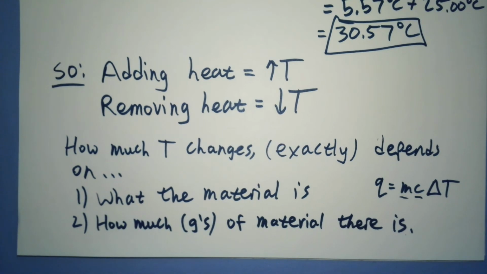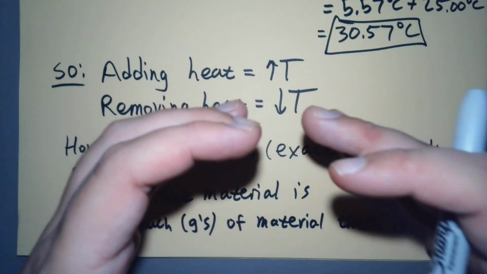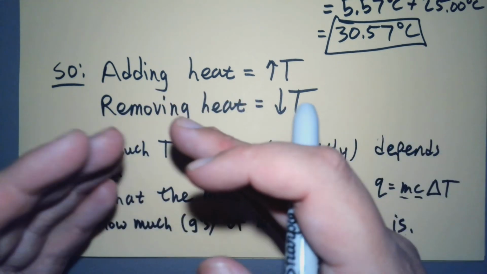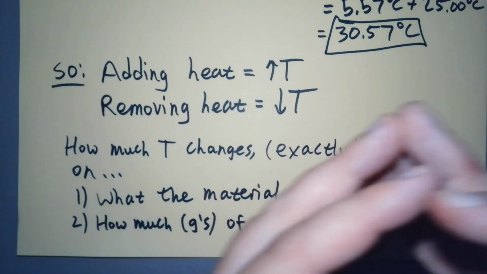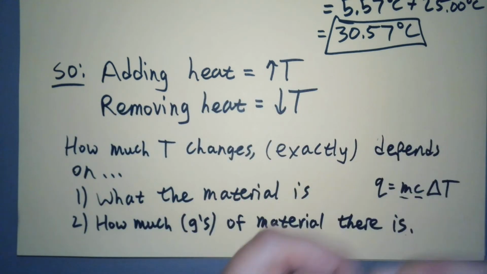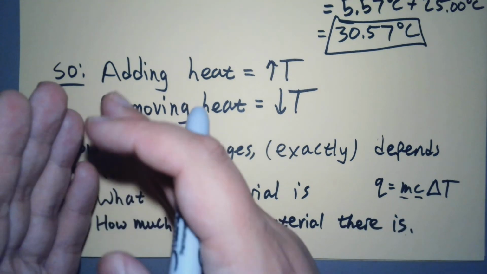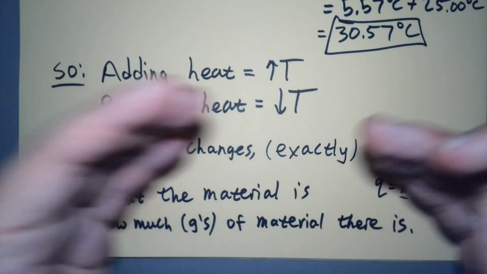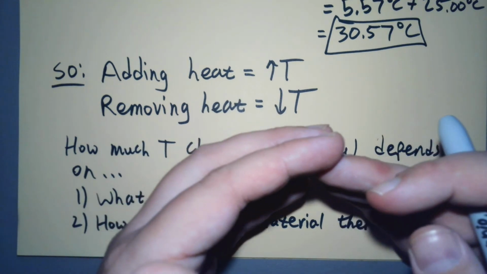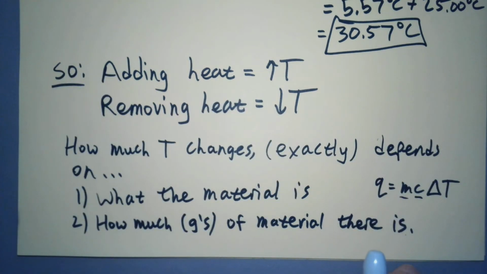So that gives us a nice, strong base for relating temperature to heat. Temperature is things like degrees Celsius, Kelvin, degrees Fahrenheit. Heat is stuff like joules and calories. They're different ideas. They're connected, but they're different ideas. So you have to be careful there.